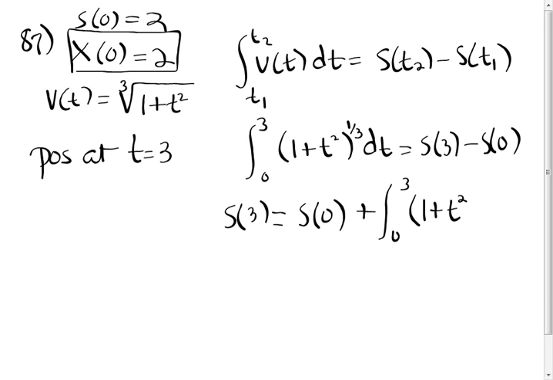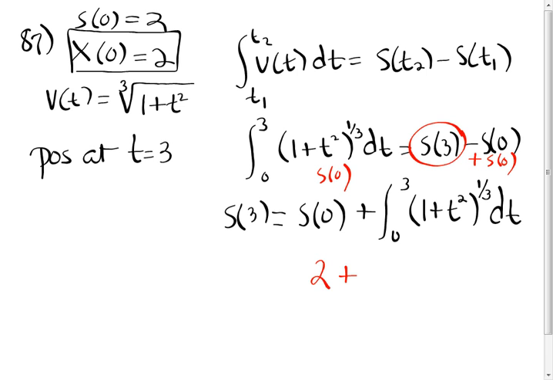So if you can remember just to add in the starting value, you can. Pardon? No, it's s of 3 minus s of 0. Solve for s of 3. I add s of 0 to both sides. If s of 0 turned out to be negative, which it could be if you're talking about a particle on a line, yeah, it could be. So what is s of 0? It's 2.